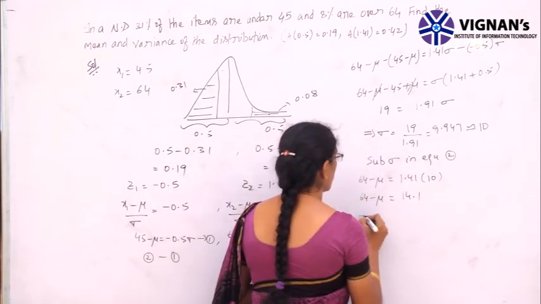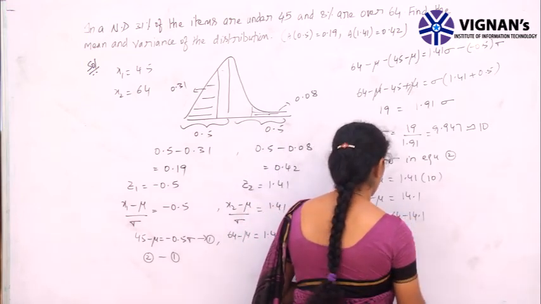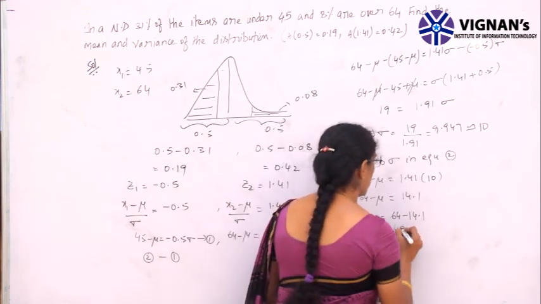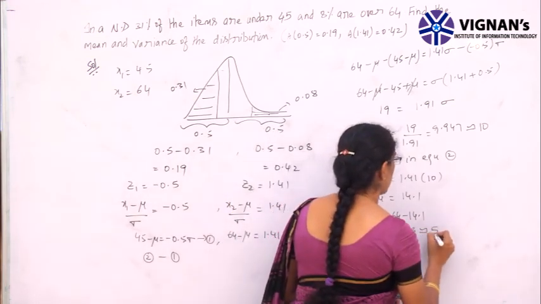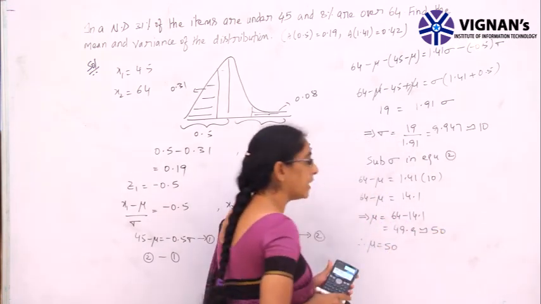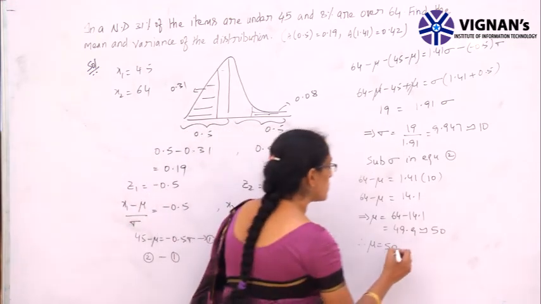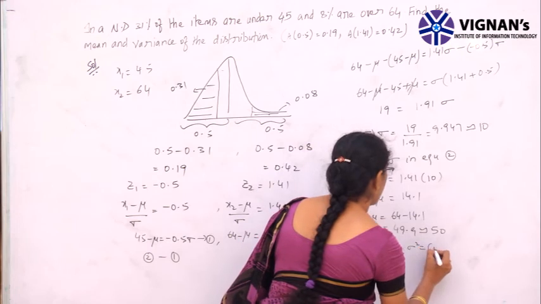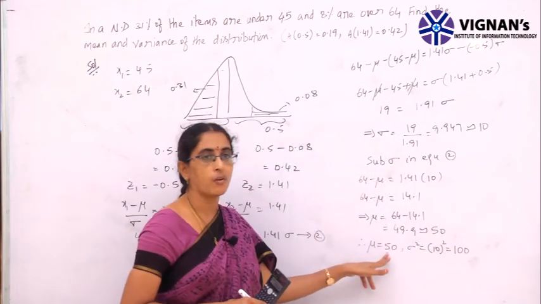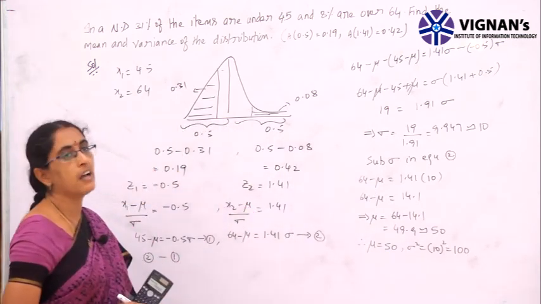So from this, mu equals 64 minus 14.1, which is 49.9, that is approximately 50. Therefore mu equals 50. Mean and variance we have to find, but we got sigma, right? So sigma square is 10 square, that is 100. So the mean of the normal distribution is 50 and the variance of the normal distribution is 100.